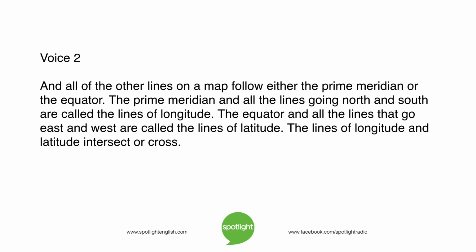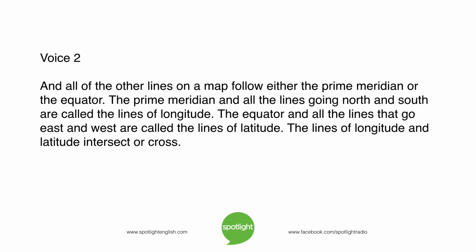The prime meridian and all the lines going north and south are called the lines of longitude. The equator and all the lines that go east and west are called the lines of latitude.